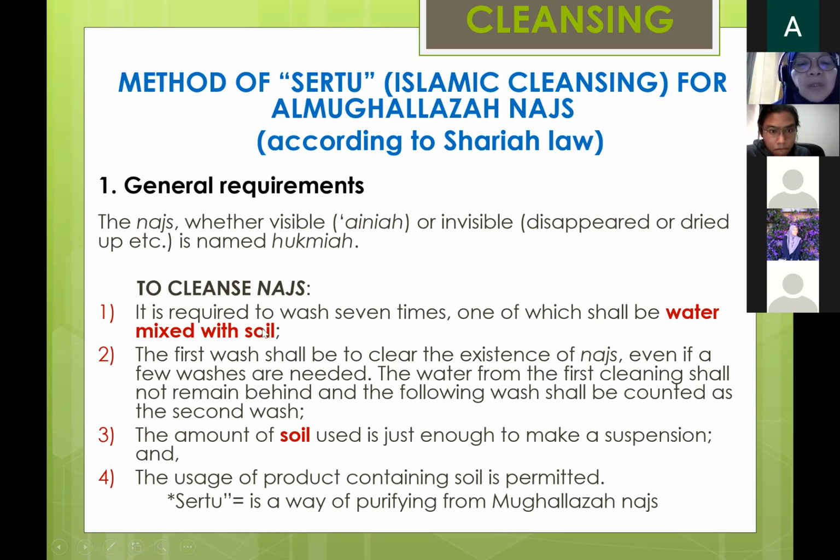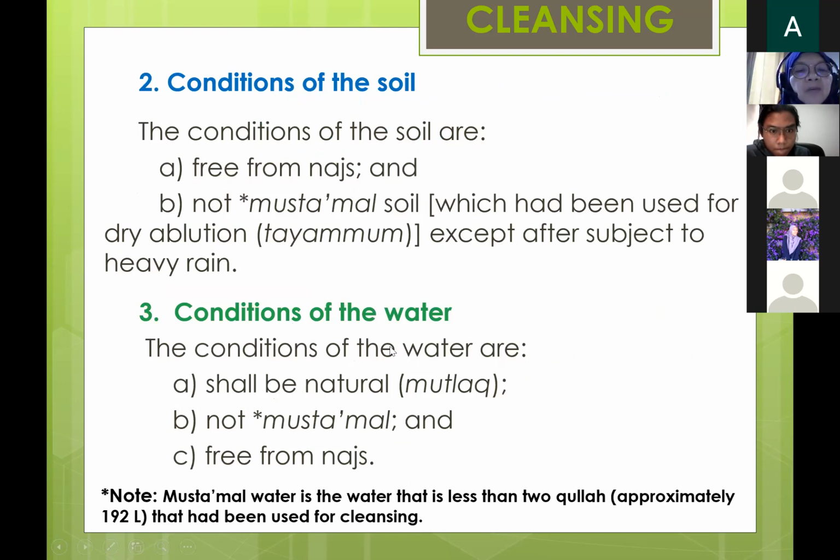You take some soil mixed with clean water, mutlak water. This one you must use mutlak water. Here it is written as a condition of the water: it shall be, not must, shall, you have to strictly follow. Shall be natural or mutlak water. Shall not be musta'mal water. Shall be free from najis.